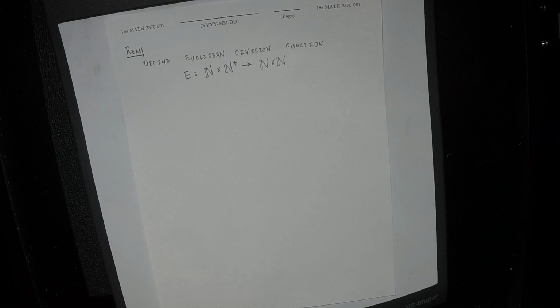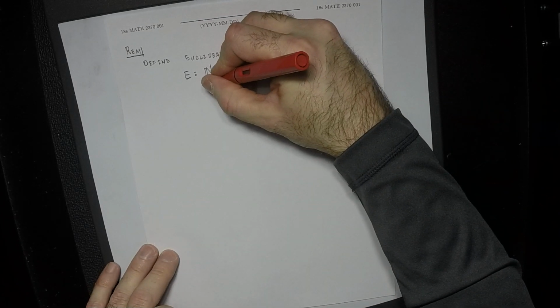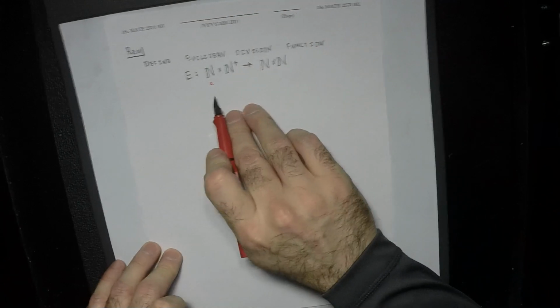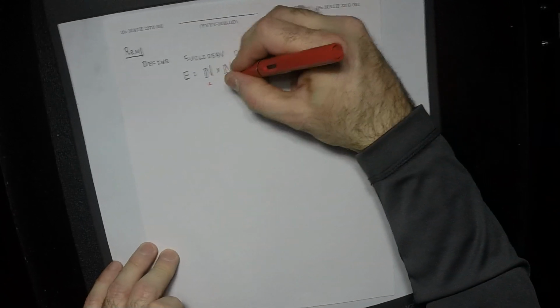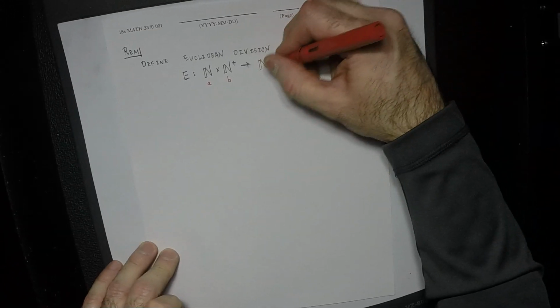So that is to say, to help us understand what was written on the previous page, we were writing A as the dividend, B is the divisor, this one will be the quotient, and this one the remainder. Okay, so any question about the signature?